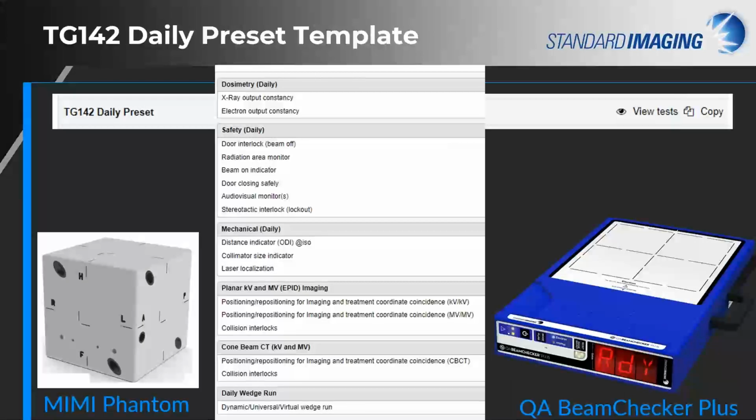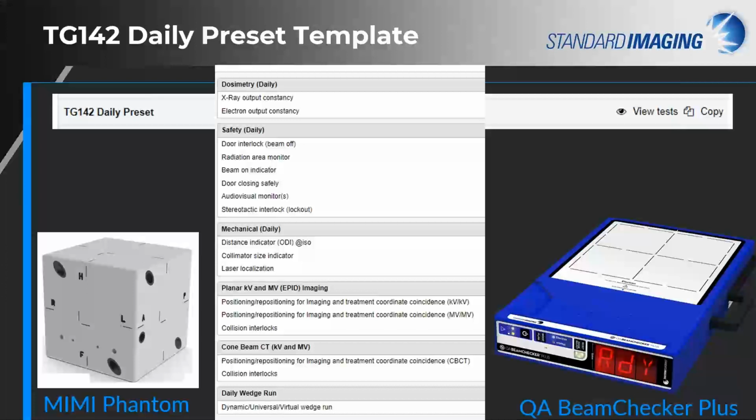Let's look at a couple of examples. So let's start with the daily TG142 preset template, which includes, as you can see here, just imagery, safety, mechanical, planar, cone beam CT, and daily wedge tests.